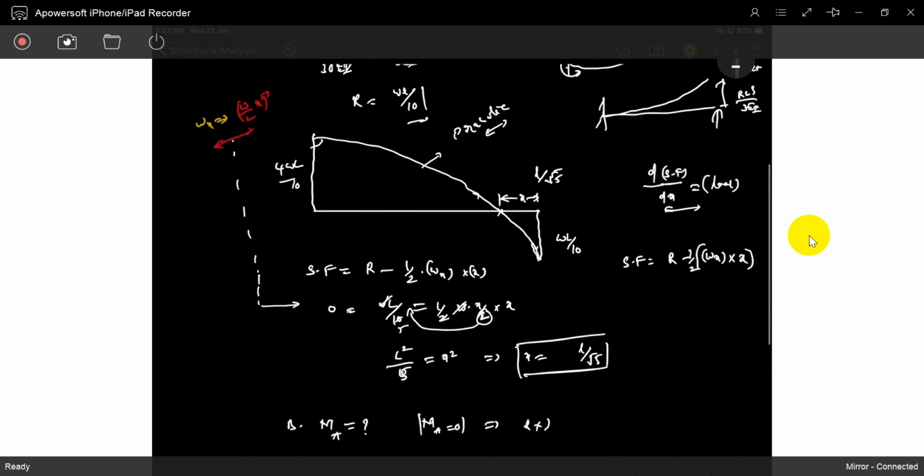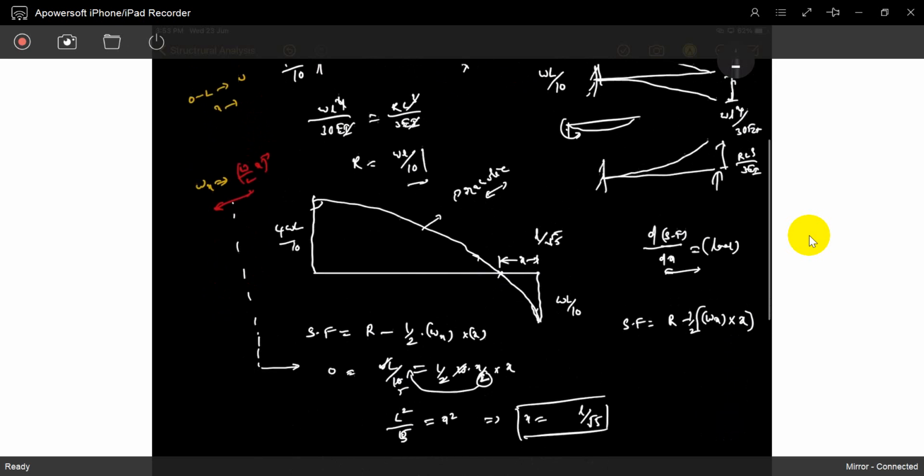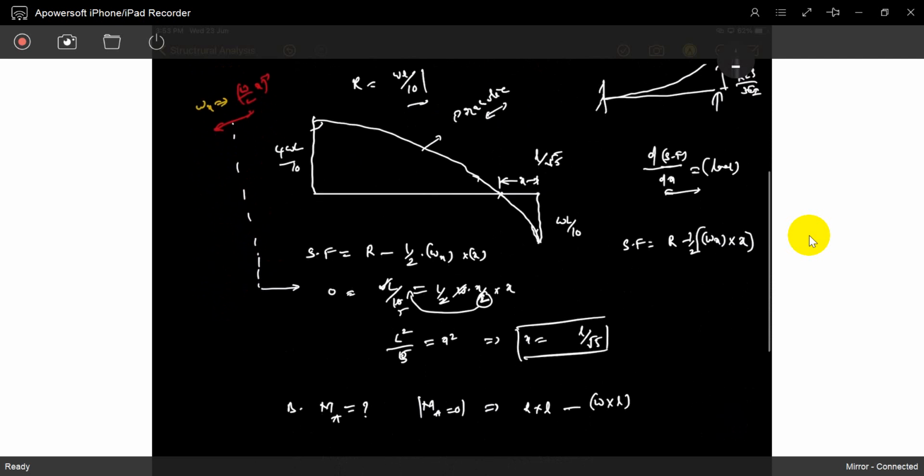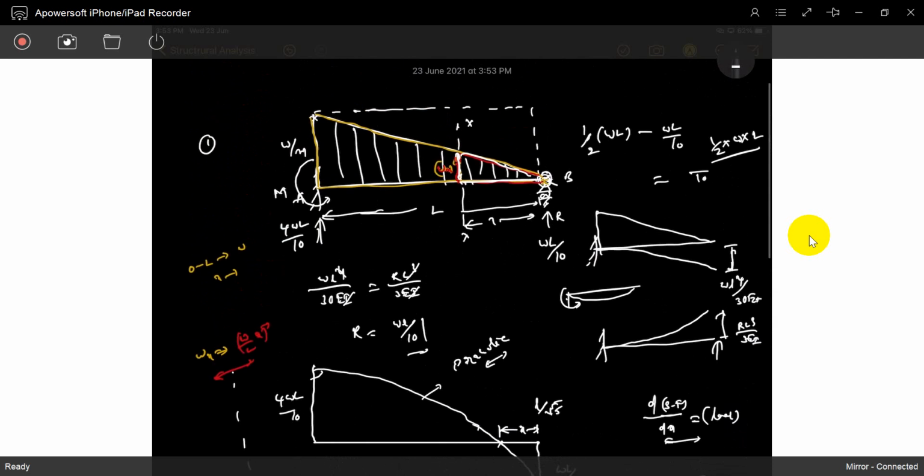R multiplied with L, minus W into L, that is the load. No, of W by L, it is a load, and with X at this distance now. What is the distance? 2 by 3 of L. See, sorry, 1 by 3.